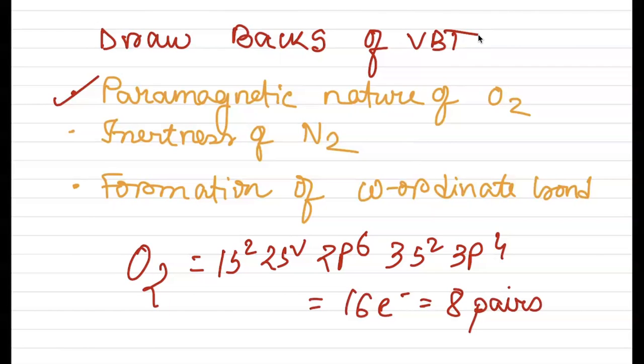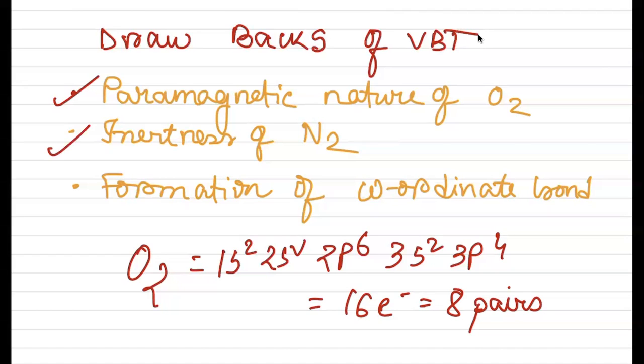Because of these 8 pairs of electrons, no free electron is available, so it should be a diamagnetic molecule. But it is not diamagnetic, it is a paramagnetic molecule. So that cannot be explained by VBT. The paramagnetic nature of oxygen can be explained by MOT.